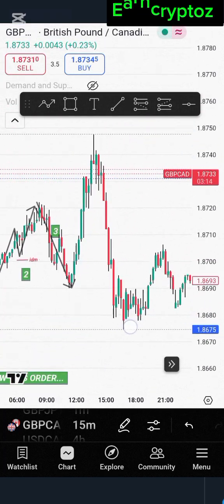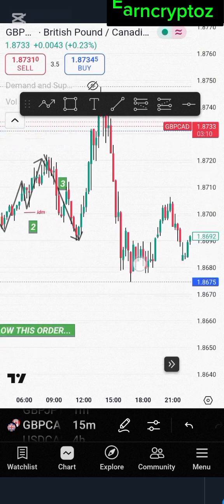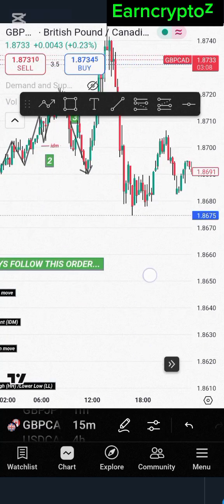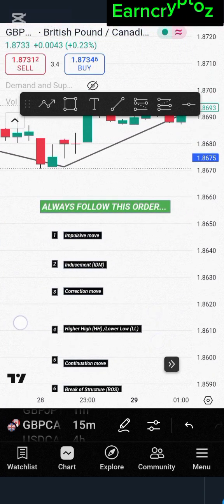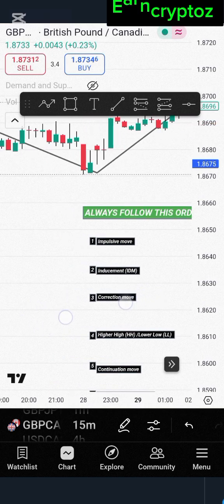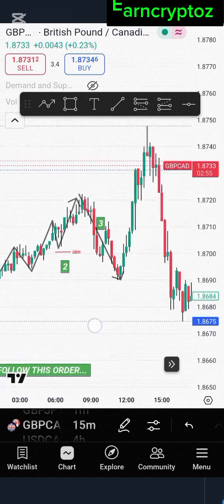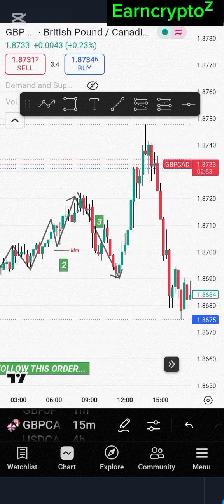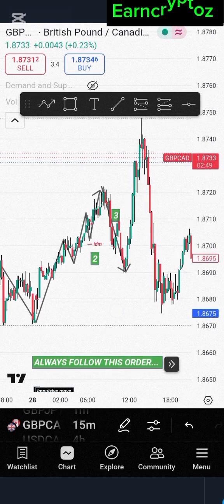Then after the correction, we had a continuation move. But before we mark the continuation move, if you check, number 4 is higher high or higher low. In this case it is uptrend, so we are going to identify our higher high. Immediately we see correction, it signifies that this impulsive move, this number 1, has ended here before the correction happened.